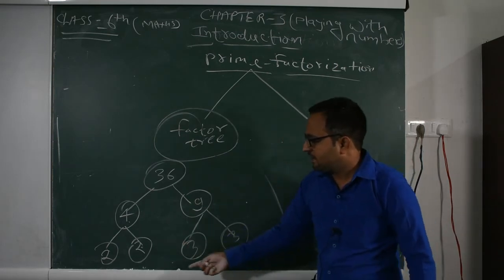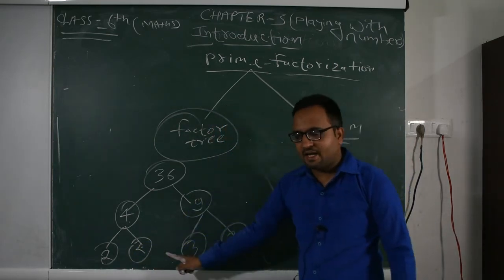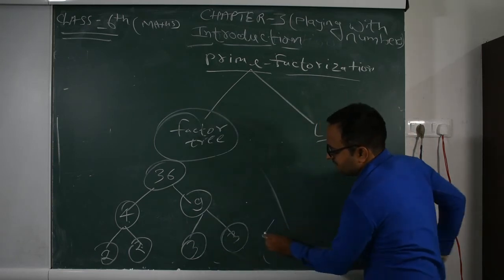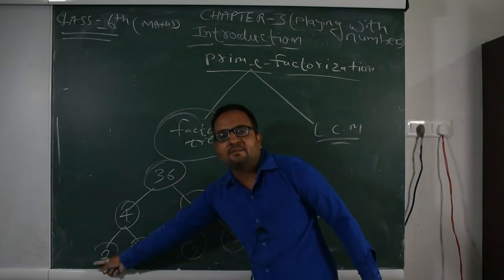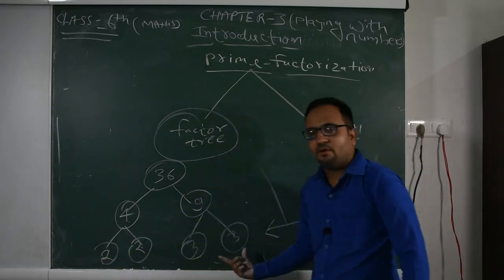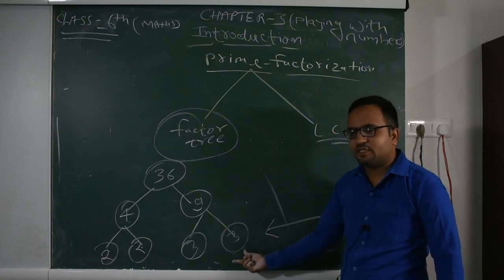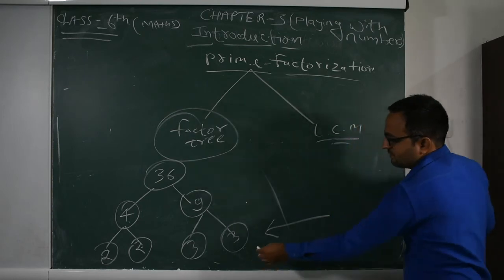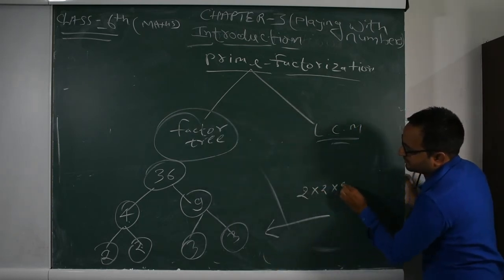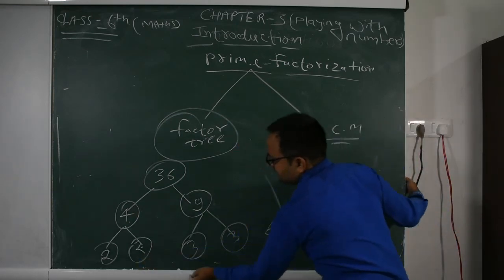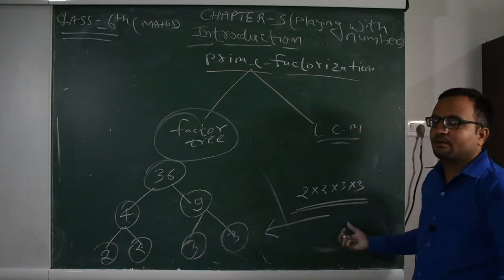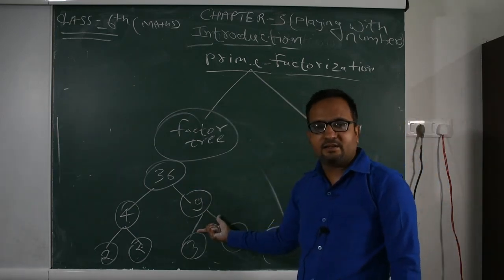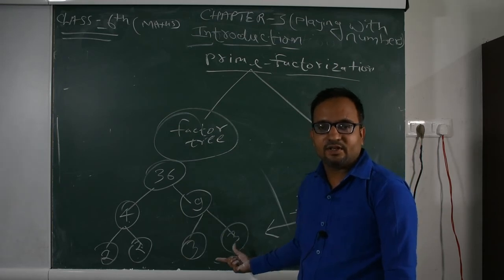Now 2 is a prime number, 2 is a prime number, 3 is a prime number and 3 is a prime number. At this level we take all the prime numbers. We can't divide further, so we stop at this level. So we write 2 into 2 into 3 into 3. This is the prime factorization of this number with the help of the factor tree. So this is the method of the factor tree.